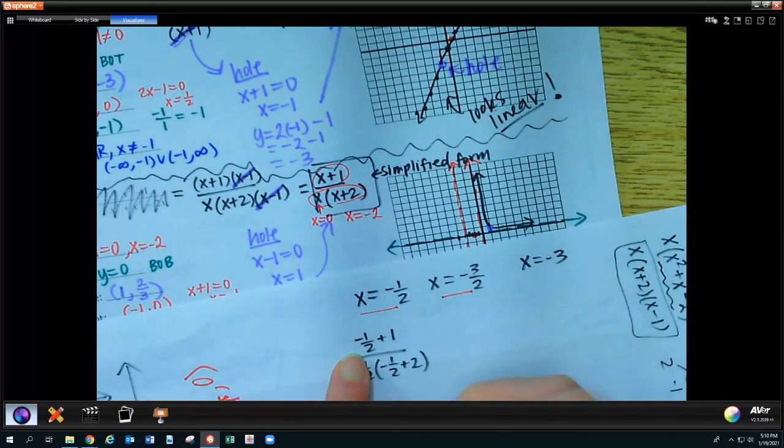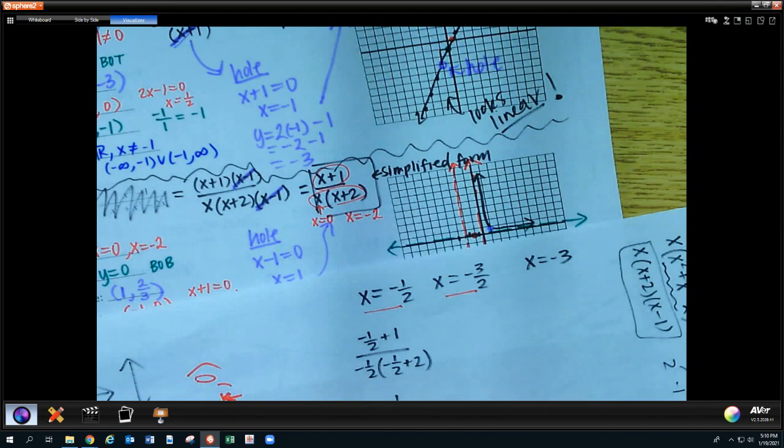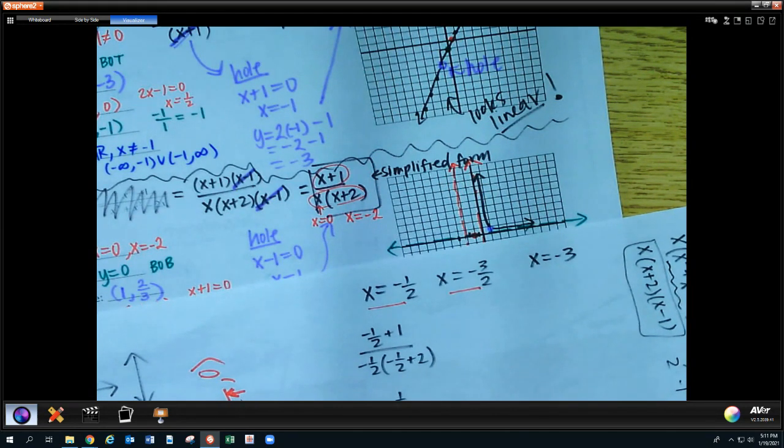Okay, -1/2 plus 1 is just 1/2. -1/2 plus 2 is 3/2 times the -1/2. Okay, so I have a 1/2 on top, and then on bottom, I have a -3/4, which is the same as 1/2 times -4/3, which is -4/6, which is negative 2/3.